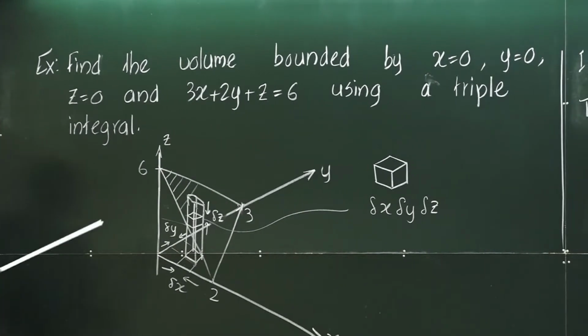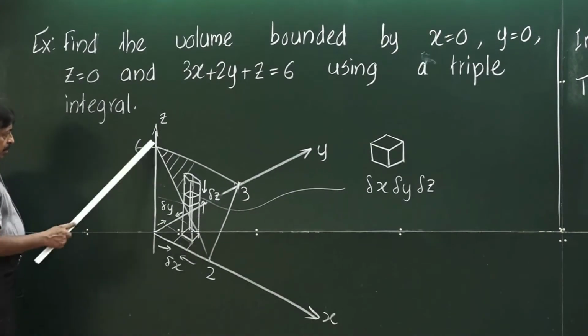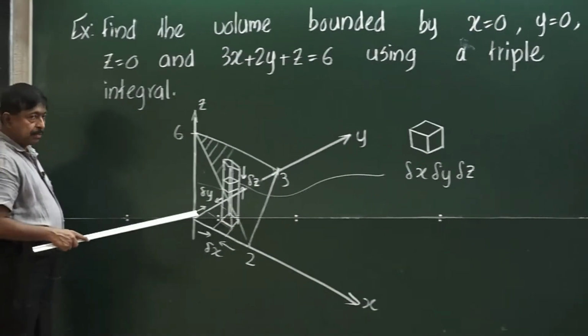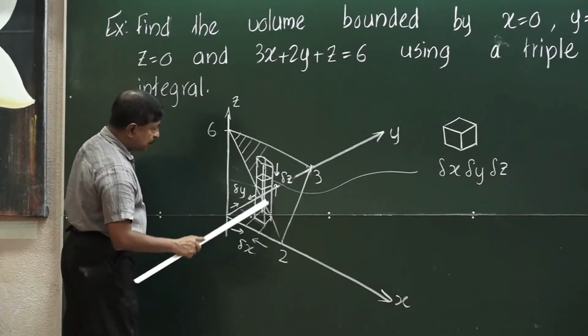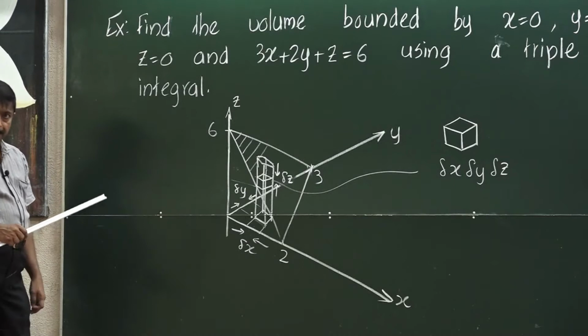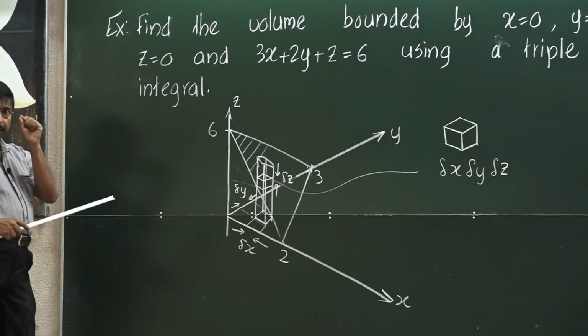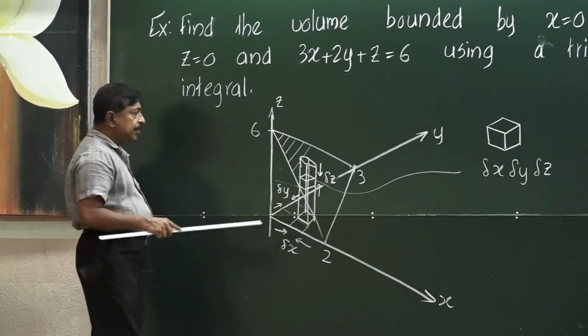So, here again the planes involved in the problem are the same. Then you have to figure out the infinitesimal volume. The infinitesimal volume consists of all three variables.